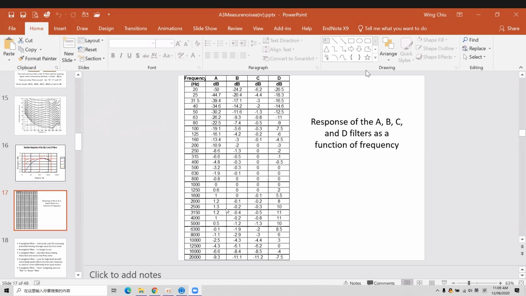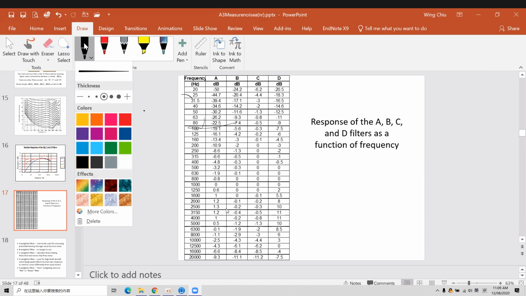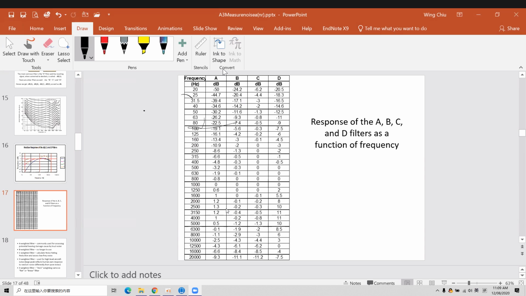If you just look at the A weighting, this here is our A-weighted filter. B, C, and D are given correspondingly.